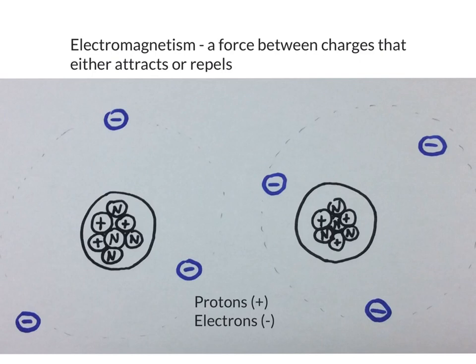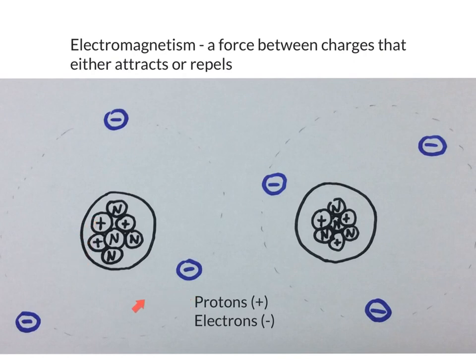So electromagnetism is a force between charges, and it can either attract or repel, depending on what the charges are. So atoms are where these charges are found. What I have here are two atoms that are right next to each other, and you'll see that there are negative and positive charges. The protons, which are found in the nucleus of the atom, have a positive charge right here.